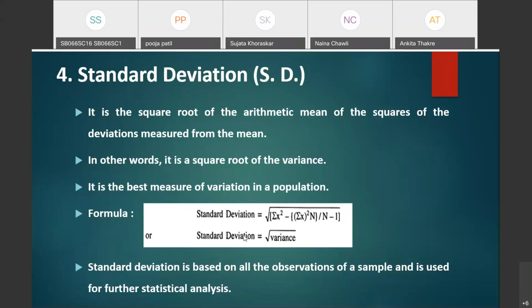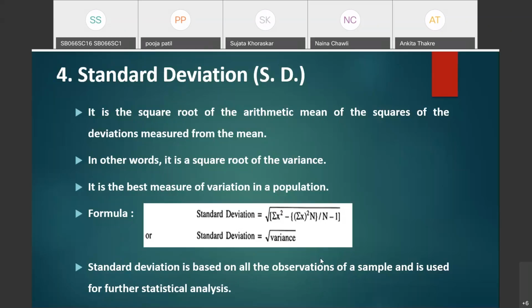It is believed to be the best measure of variation in the population. The standard deviation is based on all the observations of the sample.